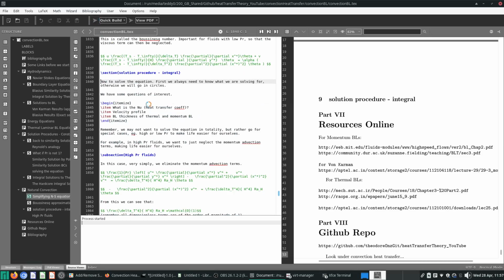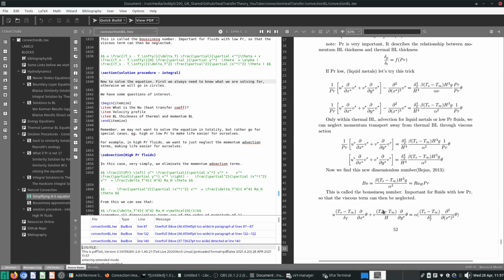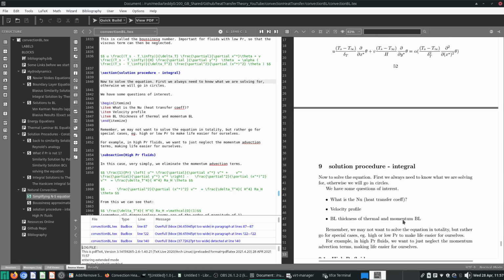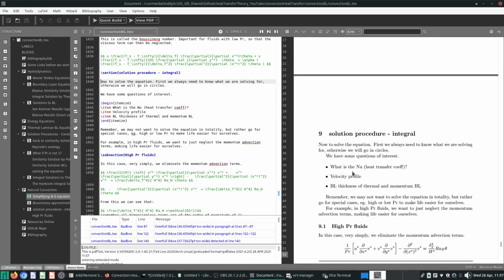To solve our equation, we need to know what we are going for, otherwise we'll be going in circles because there are lots of things. So let's be very clear what questions we want to answer. First, what is the Nusselt number?